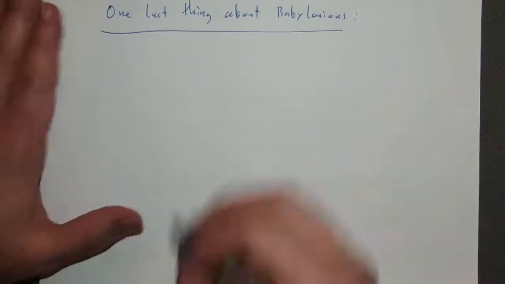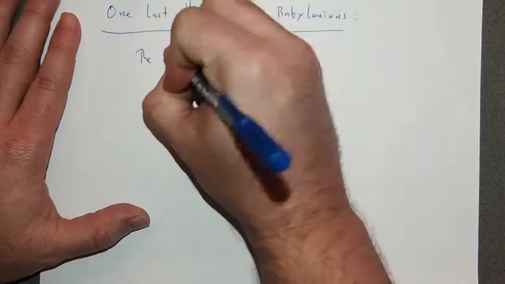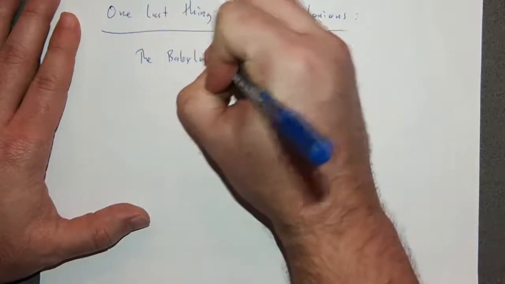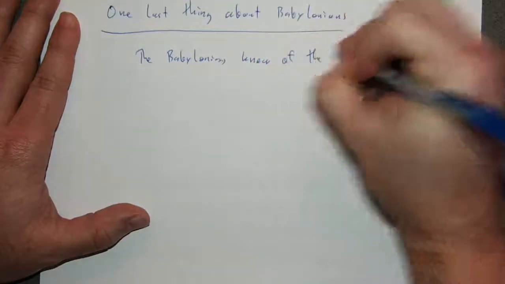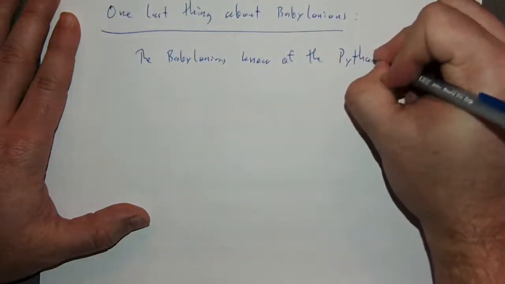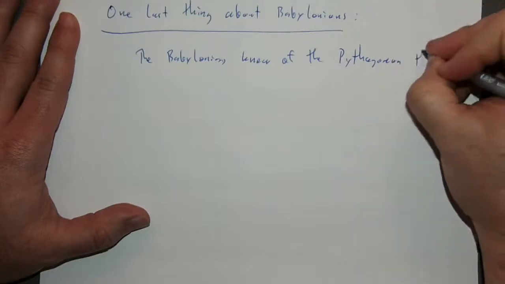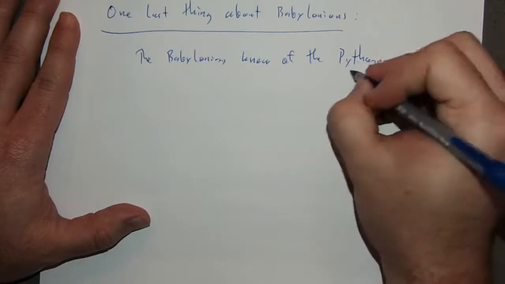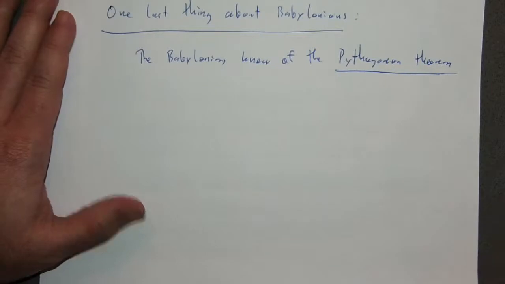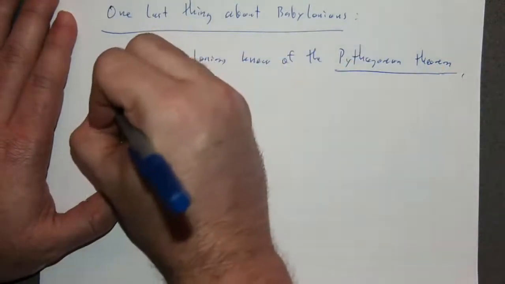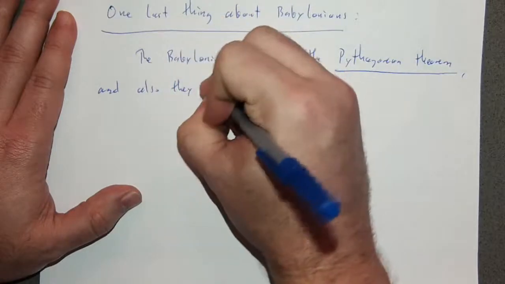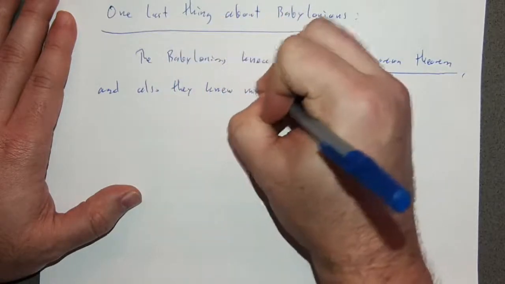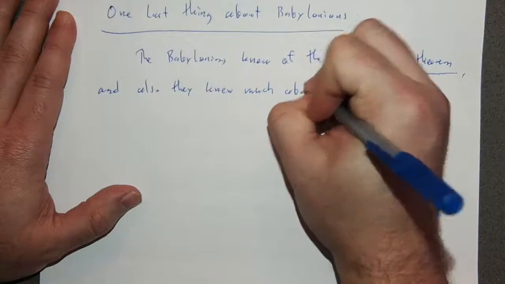So the Babylonians knew of the Pythagorean theorem, and maybe it should be called the Babylonian theorem or something. And also, they knew much about Pythagorean triples.